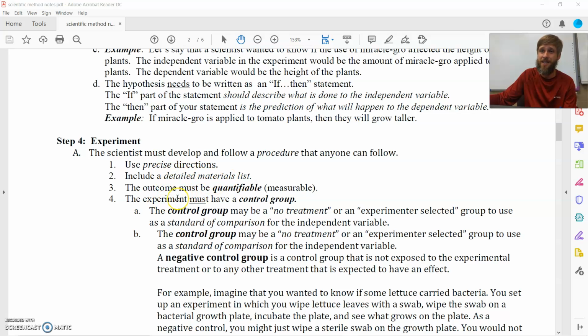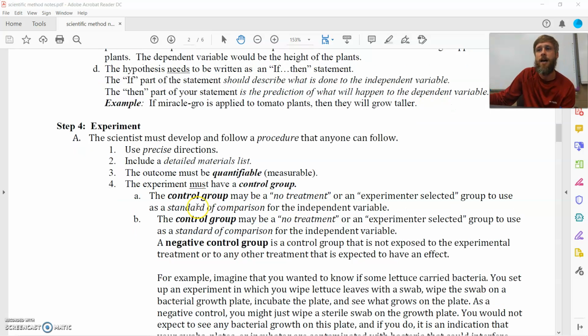If they are not, maybe you want to question that article or journal that you're reading. The outcome must be quantifiable, measurable, meaning you must be able to collect some numbers from it, some quantity. It cannot just be, well, that one looks different from that one, right? That's not a quantifiable measurement.